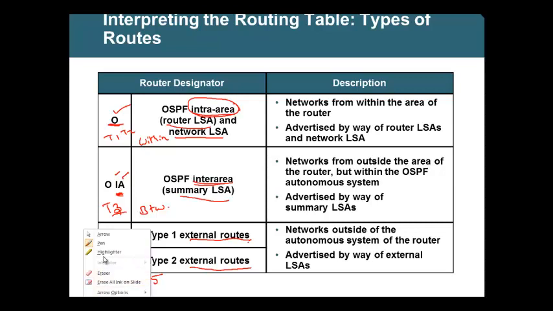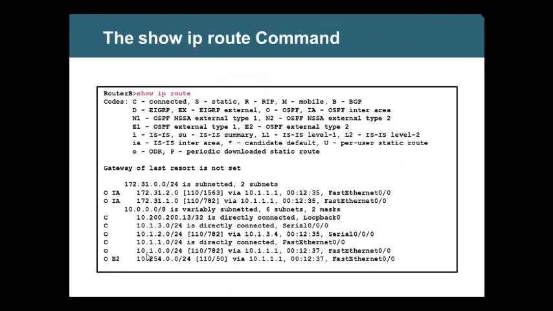So type 5 is an external route LSA. That's why it is given E. E means type 5 learned. Router B has learned this because there's a type 5 LSA bringing this route. What about E1?